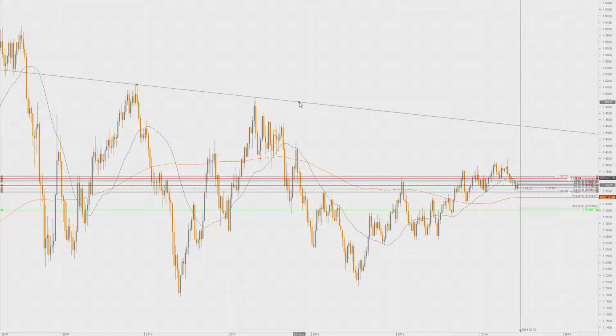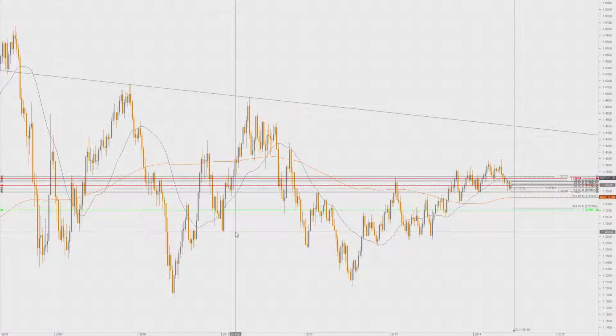We can draw in some lines, having here highs in 2011 May and in 2009 December, November. So this is a very extended large outlook if you're bullish. Bearish, we would have some sort of horizontal support, it seems.